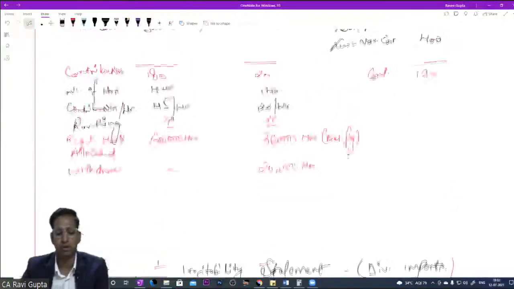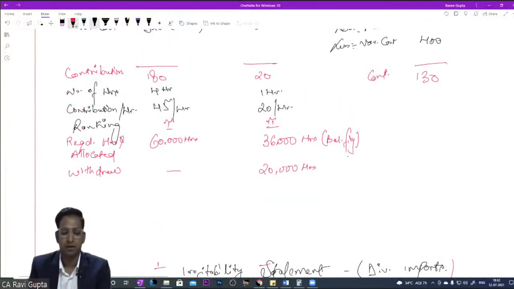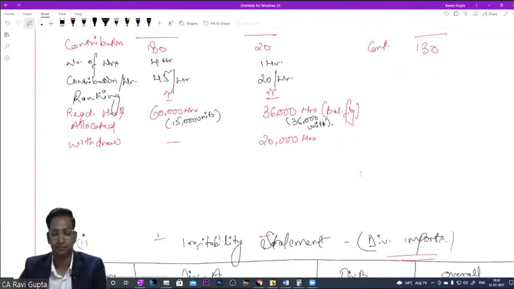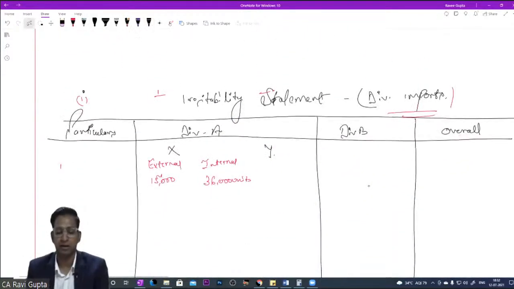How have we calculated it? By using 60,000 hours, we can produce 15,000 units, and by using 36,000 hours, we can produce 36,000 units of product Y.